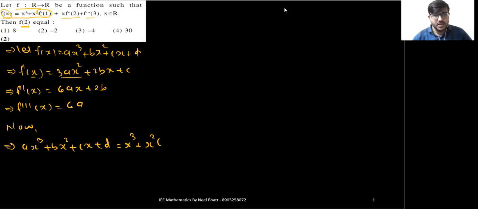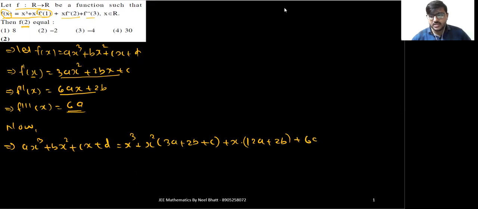So in this we have to put x equals 1, which is 3a plus 2b plus c. Then plus x into f double dash of 2. So in this case, let's put x equals 2. So it will be 12a plus 2b. And the last, that is f triple dash of 3. As we have the third derivative as a constant term, we can directly put this as 6a.